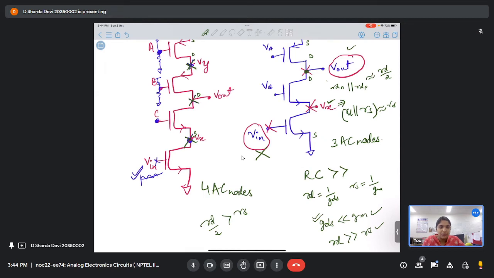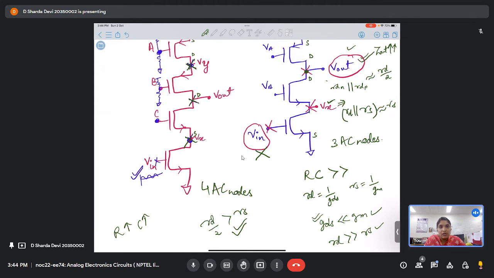Are you with me? Are you following? Okay. So when this is the condition, that means this node will have higher Zout. The Zout will be much higher. So what we need is R to be high and C also needs to be high. So we figured out where we'll get higher impedance.